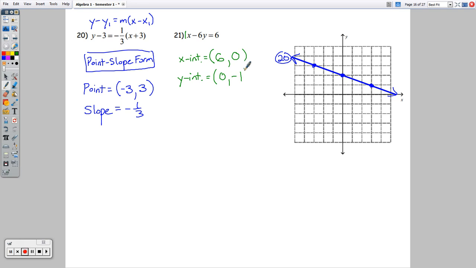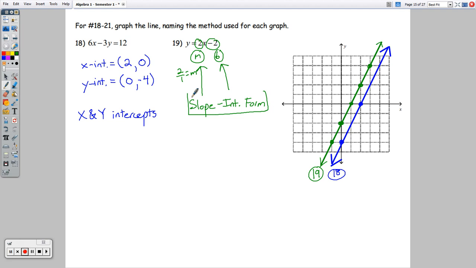Therefore, this would be 0, negative 1. So this was the x and y intercepts method. And I'll box that in here as well, since it's asking specifically for the method used.